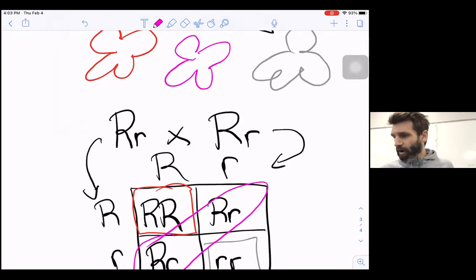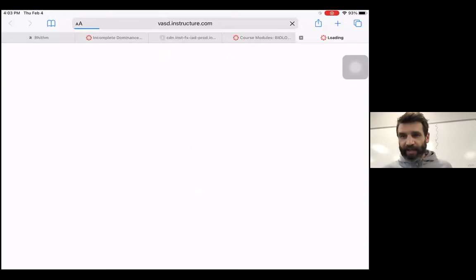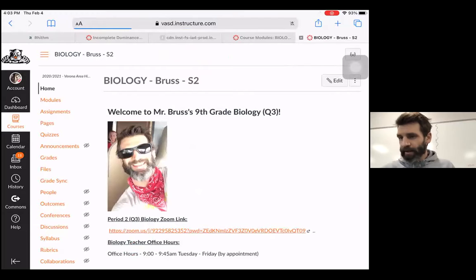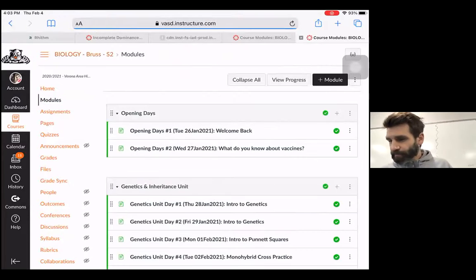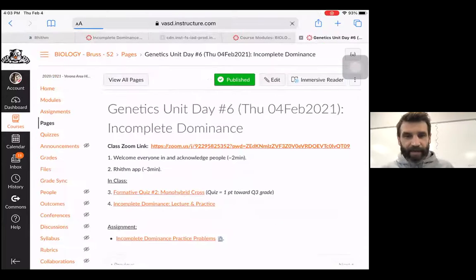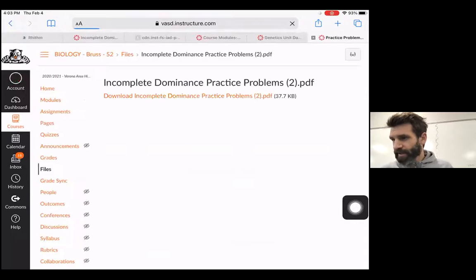So let's see if we can practice a couple of these problems without having too much going on here. So I'm going to go into Canvas, click on modules. I'm going to look at today, incomplete dominance, and I'm going to click down here on these practice problems.